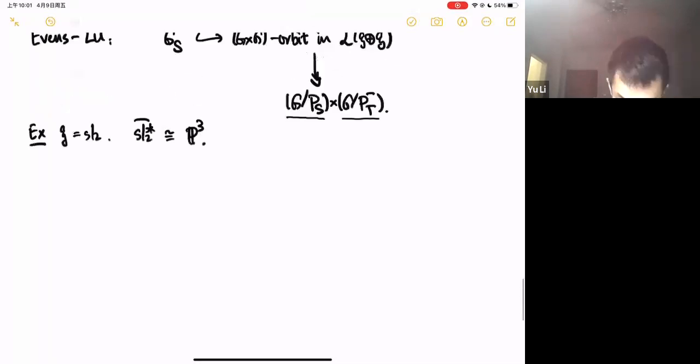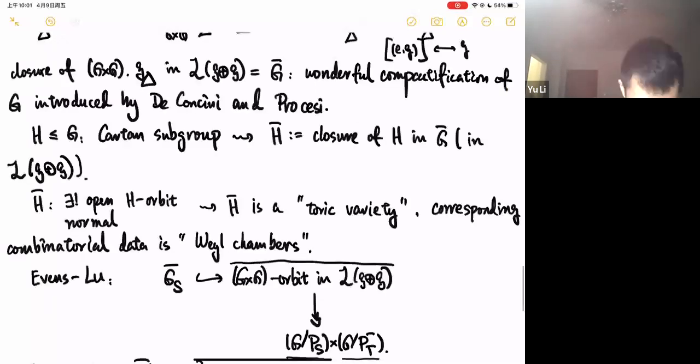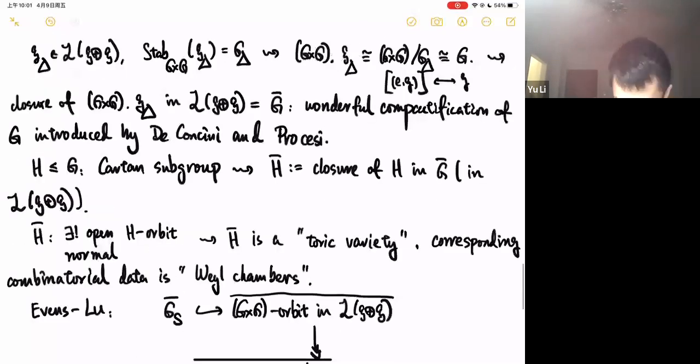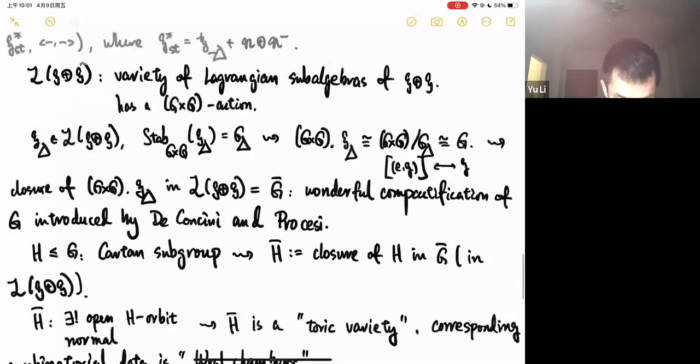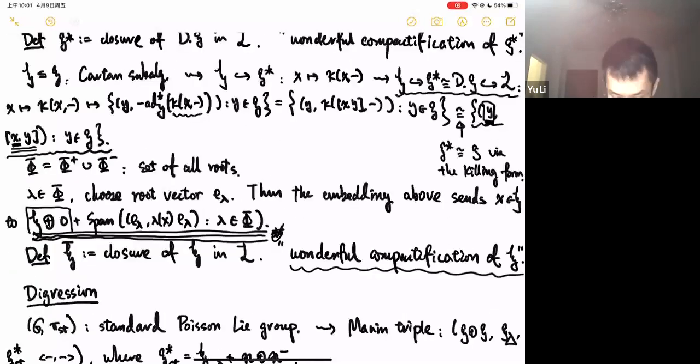So for that purpose, let us observe the following. If I go back to this line here, I see that x in H is sent to this Lagrangian subalgebra, where the first summand is always fixed. It's always H direct sum 0.